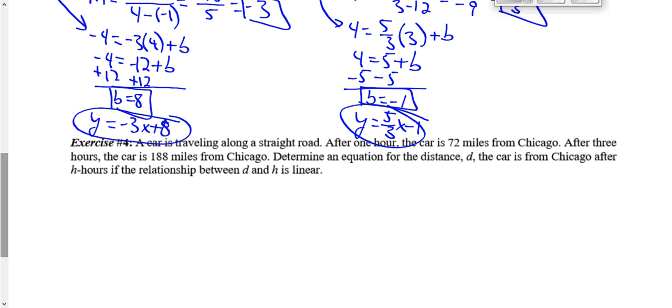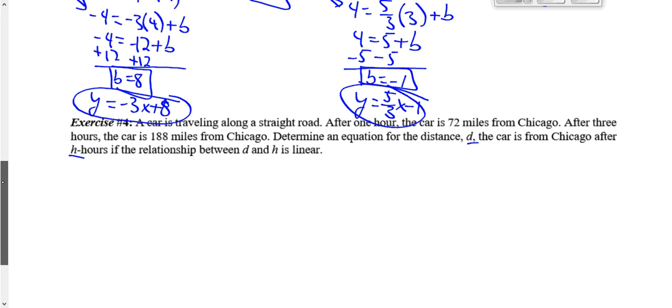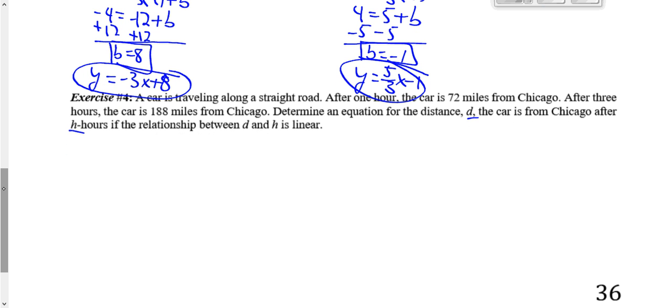H for hours. You input hours, and the output will be distance. So instead of x comma y, we're going to have h comma d. It's somewhat the same as with x and y, except it makes more sense in context to use h and d: h for hours, d for distance.